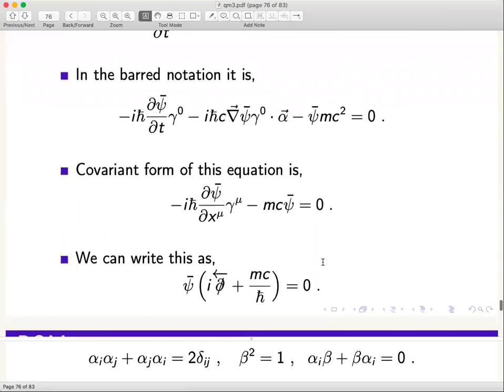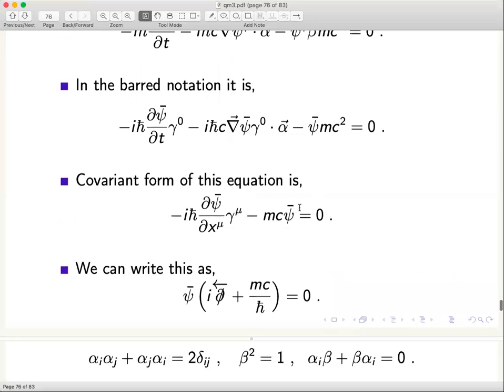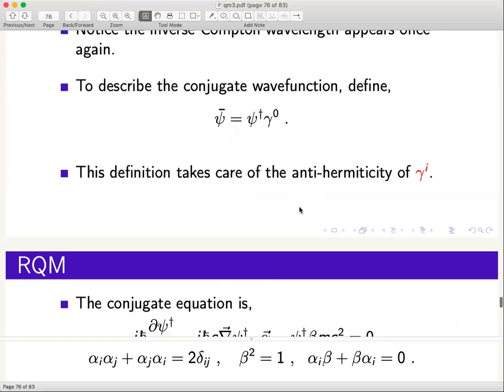You may find a notation where you see i del slash acting on the left with the arrow pointing in that direction, plus mc upon h bar factor. Notice one thing: there is a relative sign between these two operators.